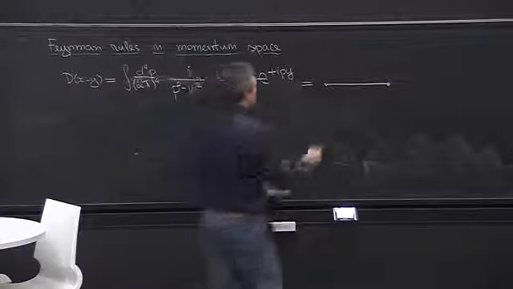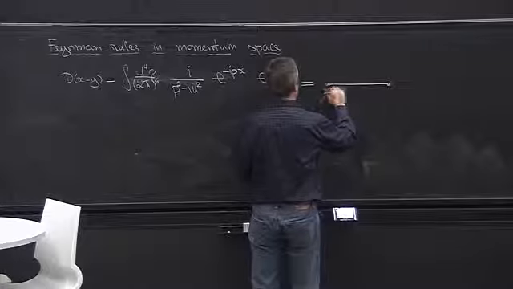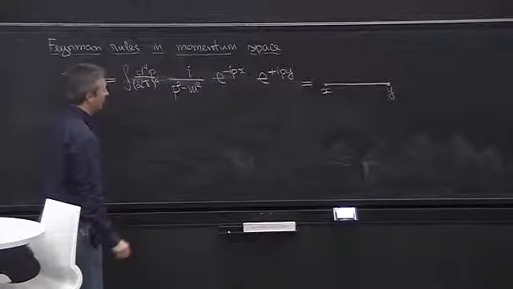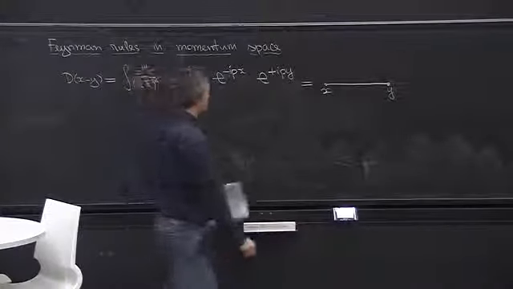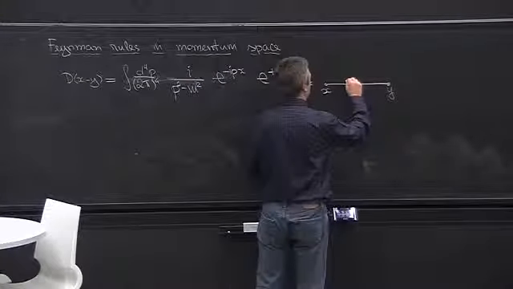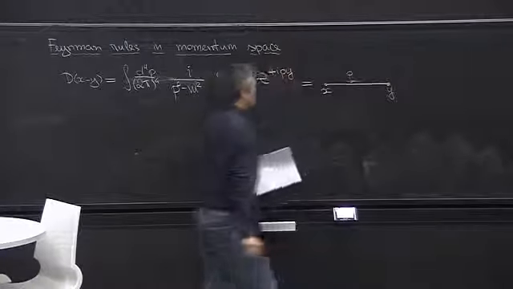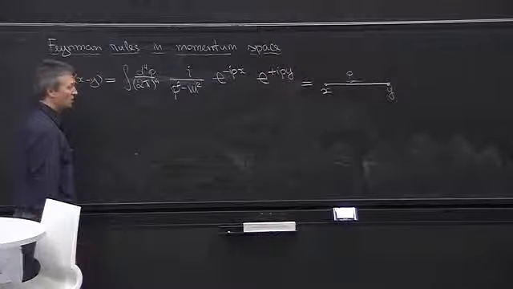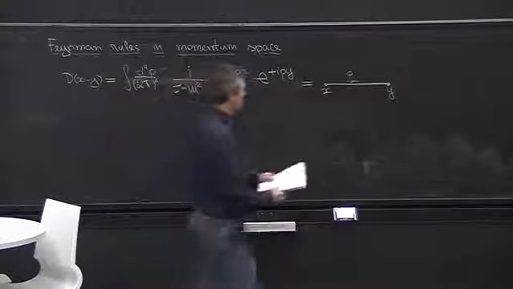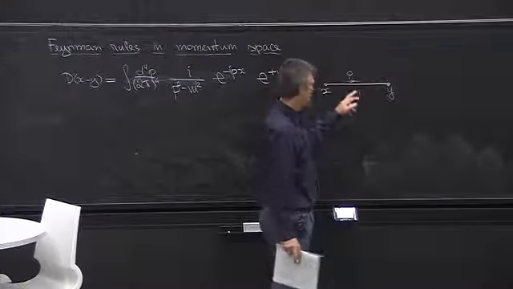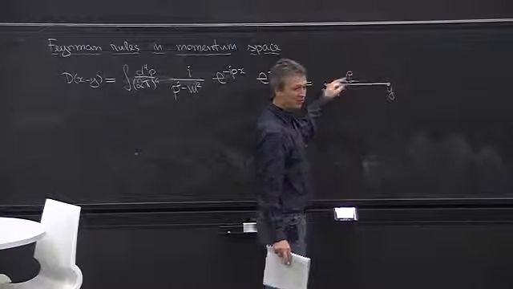So I say that I have a propagator connecting points x and y, and I assign a momentum flowing through this propagator. Actually, it's convenient to think of this propagator as a trajectory of a particle that connects x and y. And so p is the momentum of this particle.